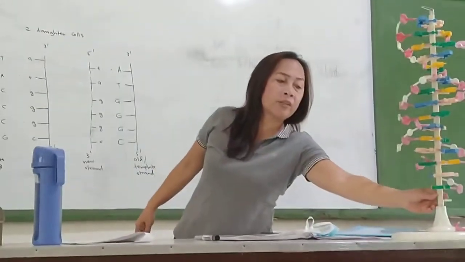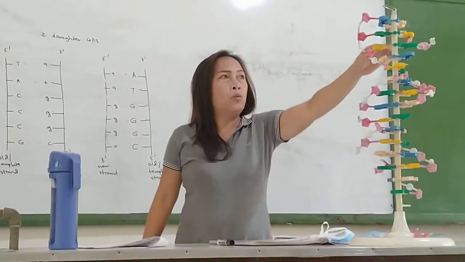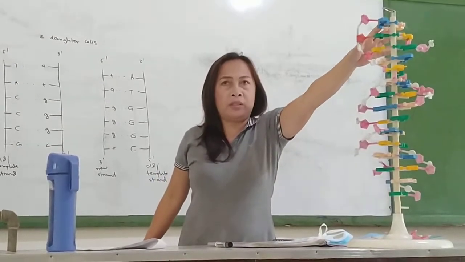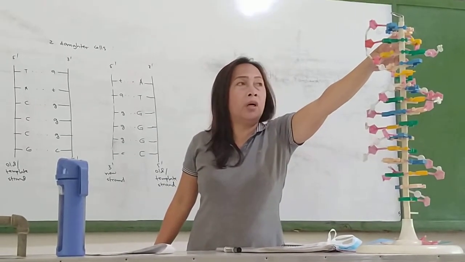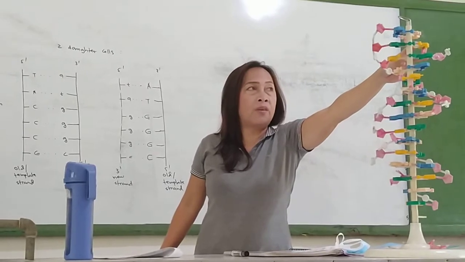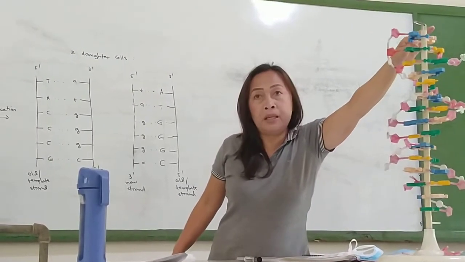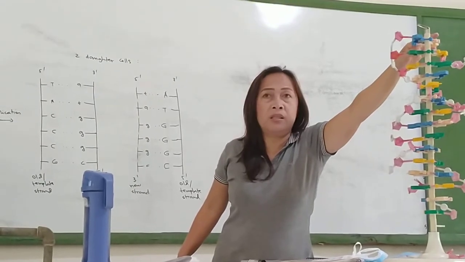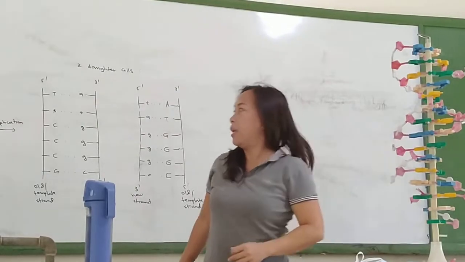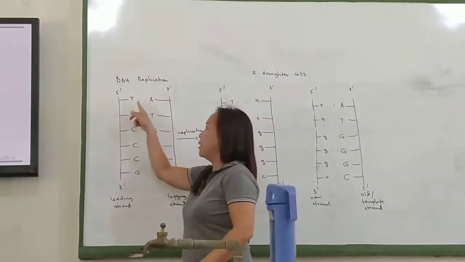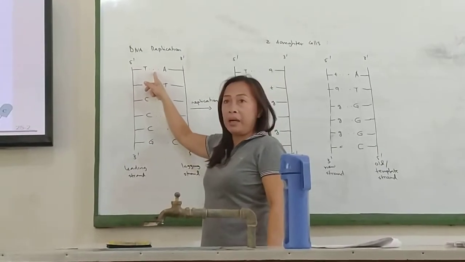Okay? So we have this model actually. This is the secondary structure of DNA, the helical structure, which has two strands. We have this red, the sugar, and the white is the phosphate. So the phosphate is bonded with the sugar, with the base or nitrogenous base, meaning a base with nitrogen. These nitrogenous bases are held together by a weak bond called hydrogen bond.